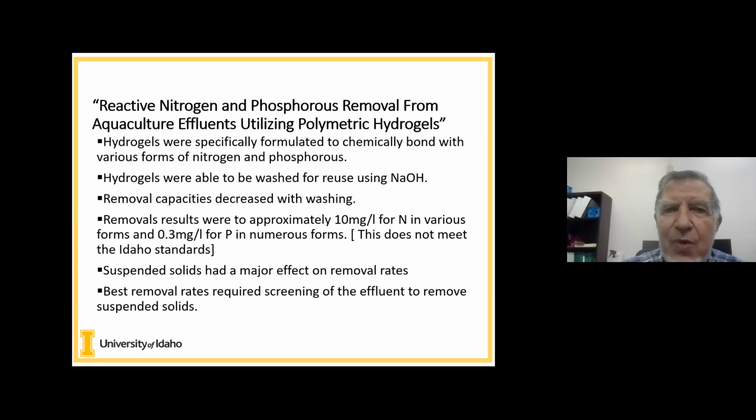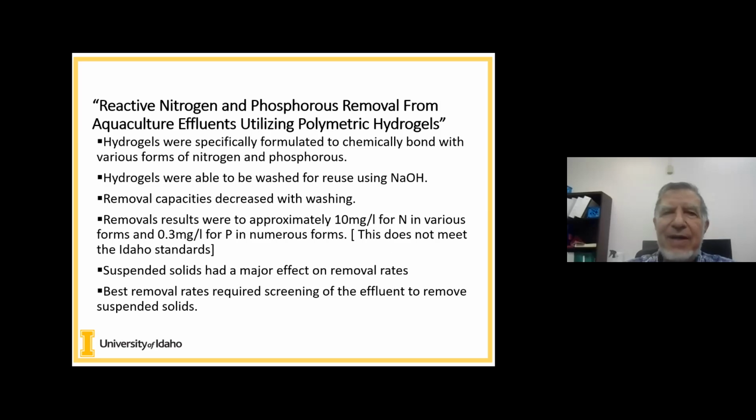The hydrogels were capable of being washed for reuse with utilizing ammonia hydroxide. One thing they did find, however, that the washing was not complete because removal capacities decreased as they washed them for reuse. Removals resulted to approximately 10 milligrams per liter for nitrogen in various forms and 0.3 milligrams per liter for phosphorus in numerous forms.